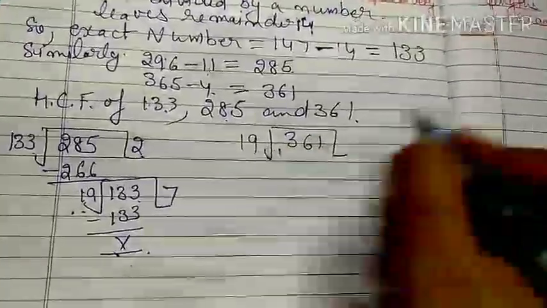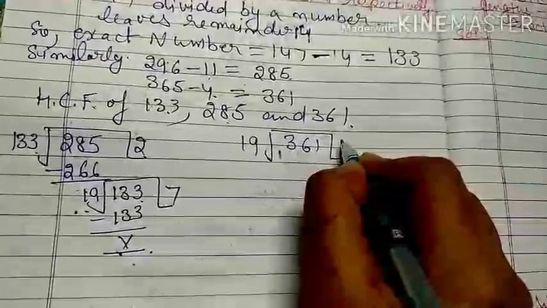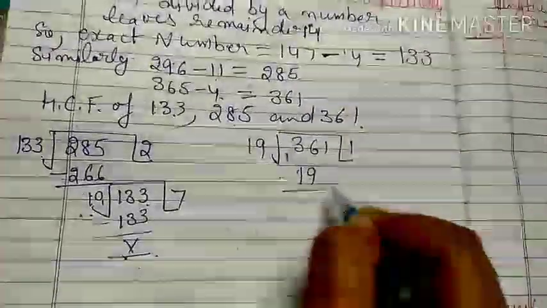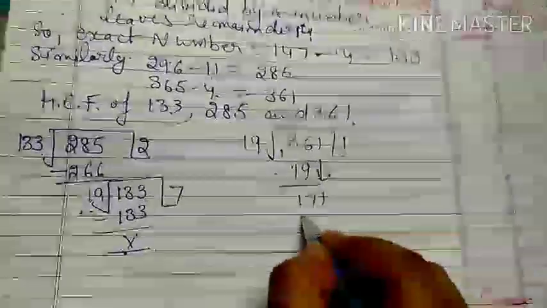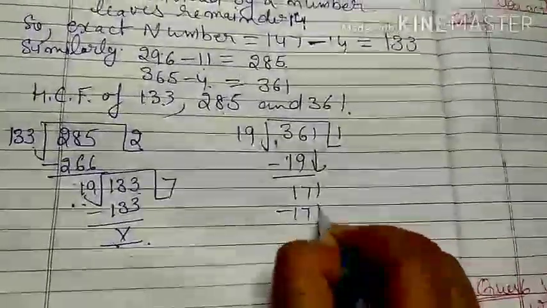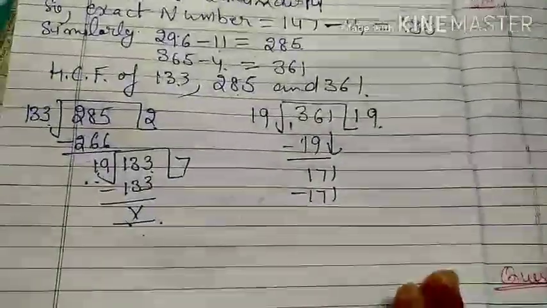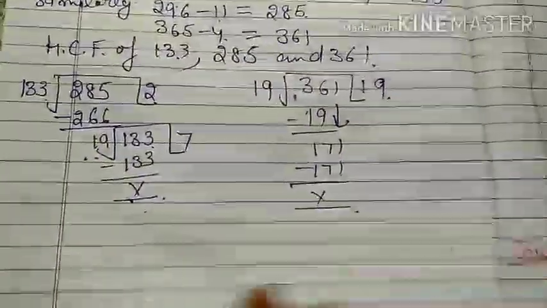Now when you check 19 with the third number, 19 ones are 19, after subtraction it gives me 17, 1 is carried down, so 171, and 19 times 9 gives me 171. So here I got the remainder 0.